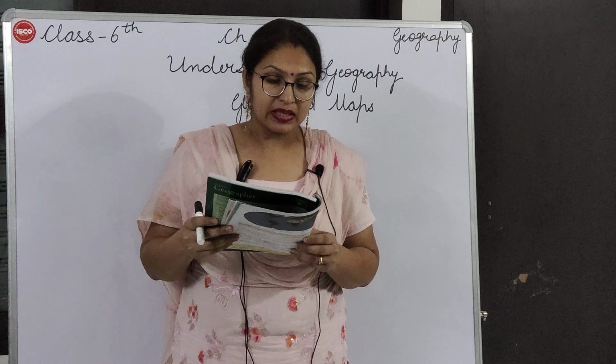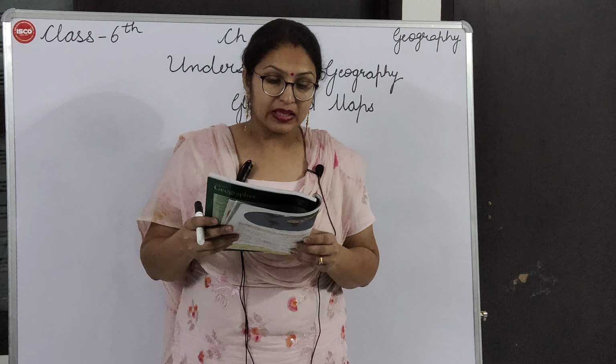Then thematic maps deal with specific topics, like population: what population we have in India, in other countries or in states, and its distribution. Then the location of industries, in which areas, countries or states industries are set up.